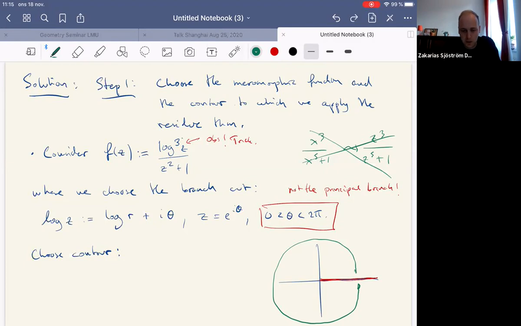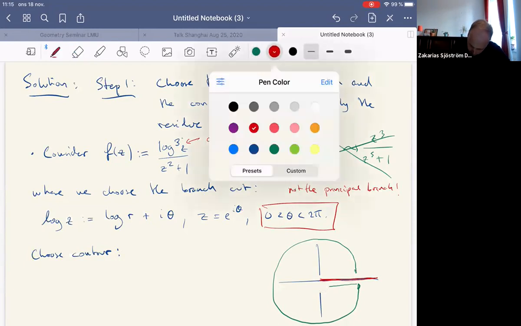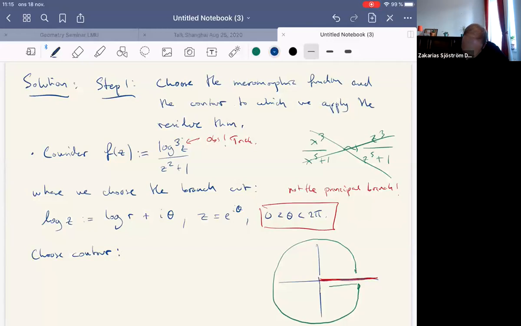So what I have to do is go around the branch cut, because I have to stay within the domain where my function is holomorphic, right? So what you usually do is that you go in, and then you follow, slightly tricky to draw this picture here, and then you follow a small circle around here, and then you come out on the other side. And this is called a keyhole contour.